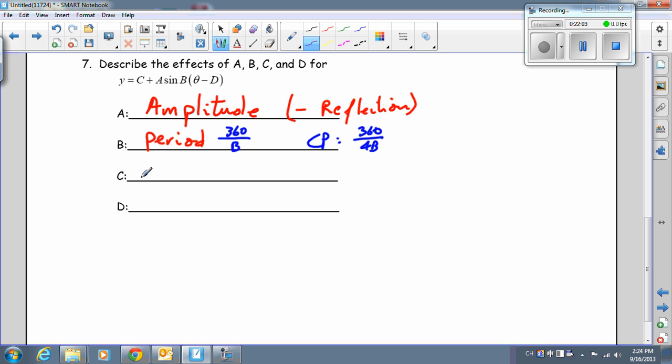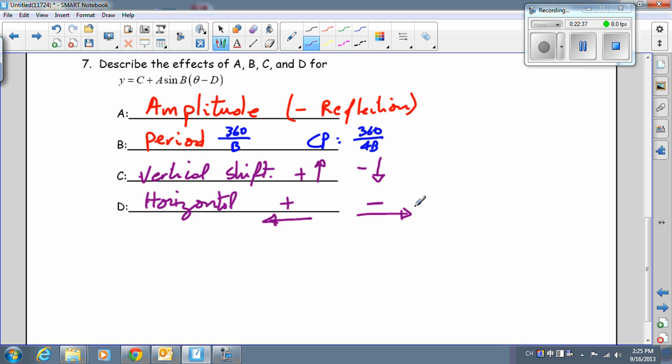You will know that positive, let's just write vertical first. Since it's your vertical shift, positive is up, negative is down. And D is your horizontal shift. Where the positive goes to the left, and the negative will take you to the right.